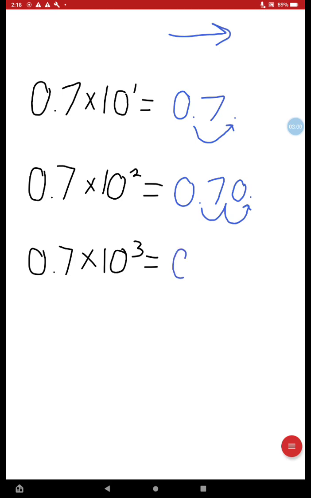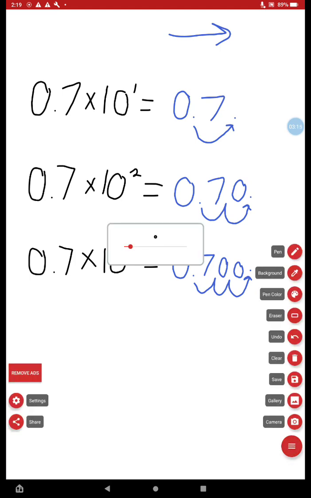7/10 times 10 to the third, shifted over 3 places. Fill in the 2 empty places with zeros. Now come back with your eraser and erase the original decimal point and the arrow. 0.7.